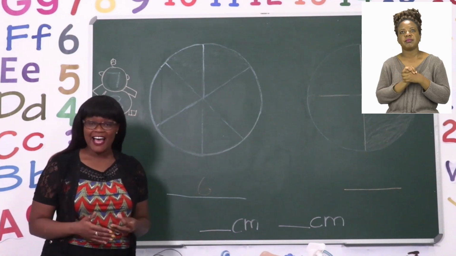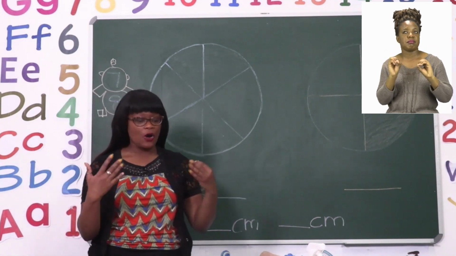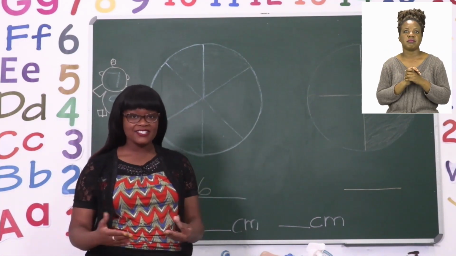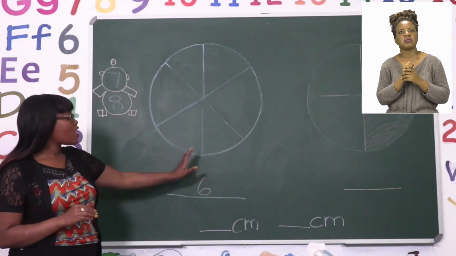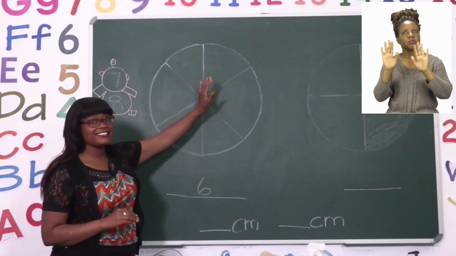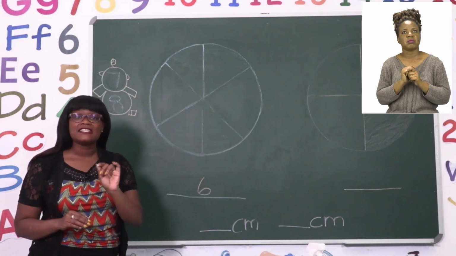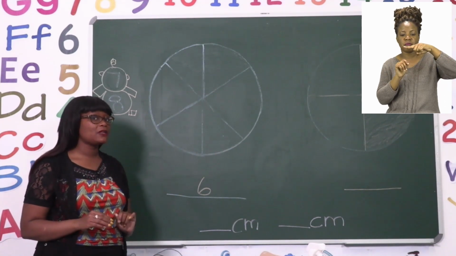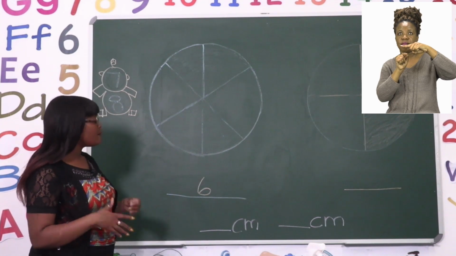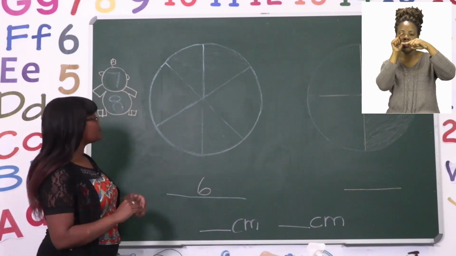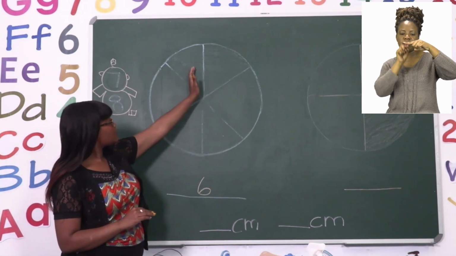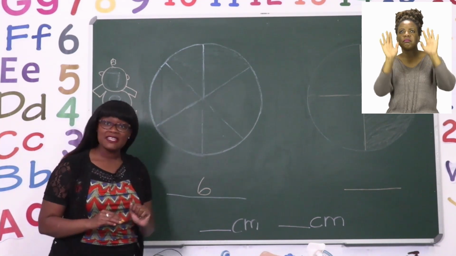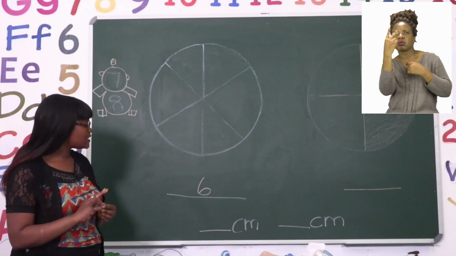But we are not yet done. It is asking us how many fractions are in each model. So we know that the ones that are colored or shaded are the ones that need to be on top, because those are the ones we're looking for, the colored ones. But how do we write them? Well, first we need to count them. 1, 2, 3, 4. So these ones are the ones that are colored in.